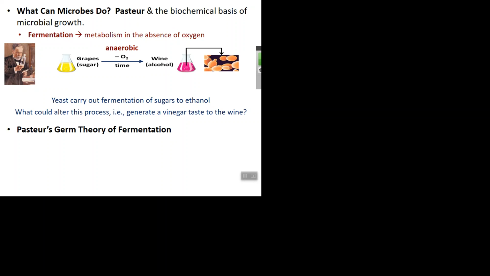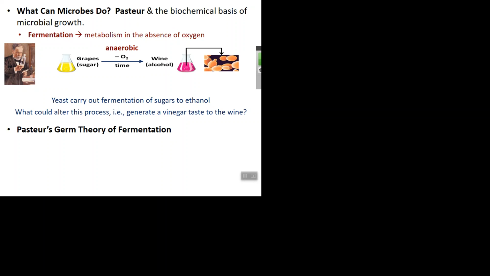And so he looked at the process, and so, you know, I just very simplistically put it up here, right? Grapes, of course, are the source of the sugar that gets fermented, okay? So in the absence of air, which we call anaerobic, we have the fermentation of sugar to alcohol, okay? Which occurs during wine production, okay?